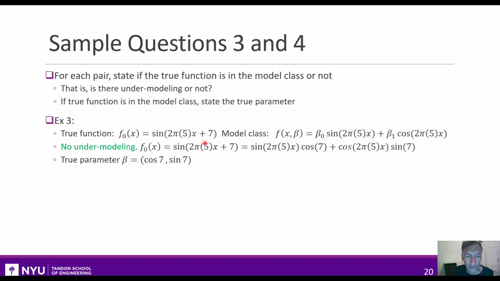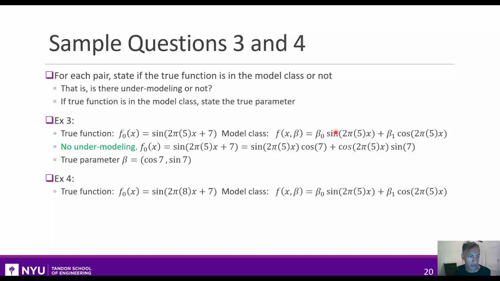The true function you can rewrite as sine x plus sine A cos B plus cos A sine B, and you get this. Then you can line these up, select beta 0 to be cos of 7, beta 1 to be sine of 7, and now this function is written in this form. So sometimes it's not always obvious that the true function is in the model class.